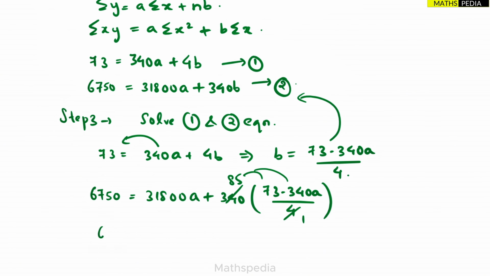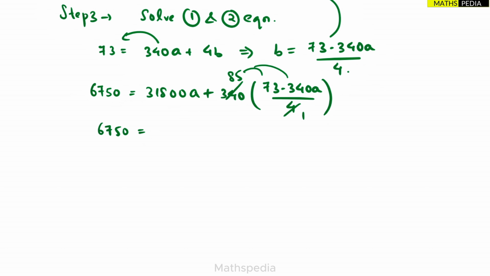So it becomes 6750 equal to 31800a plus 85 into 73. So how much will it become? 6205 minus 28900a.